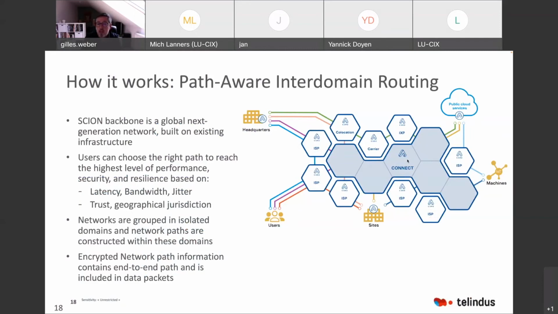Networks are isolated, and by the fact that they are isolated and only with trusted partners in the network, they are immune to some kinds of DDoS attacks. The way to establish those inter-domain routes is done via encrypted network path information, which allows to swap quickly a route or a path in case of attack.